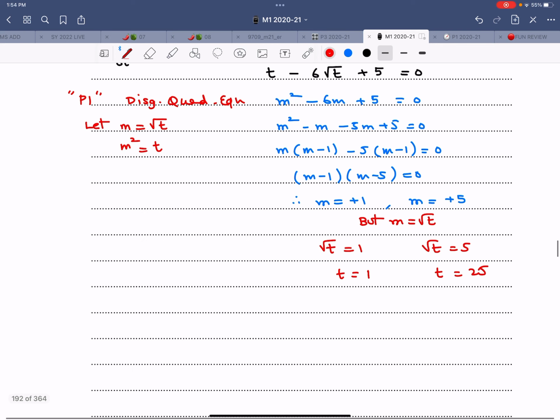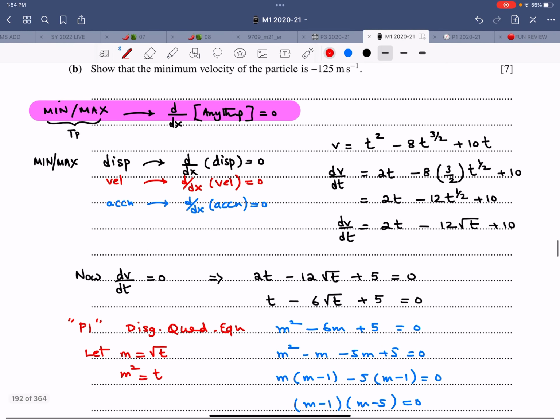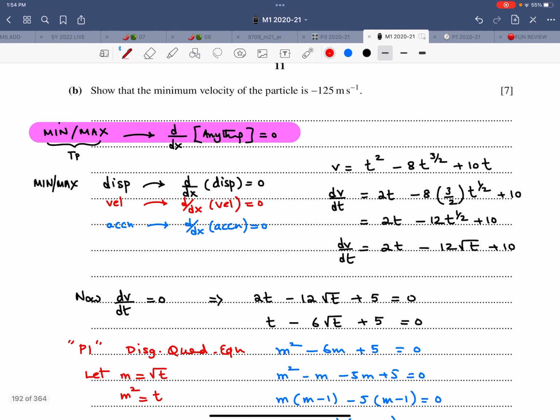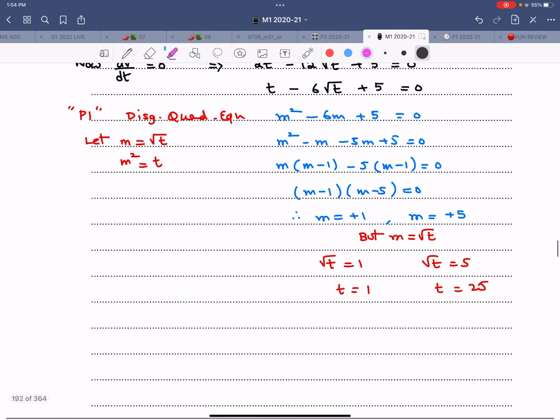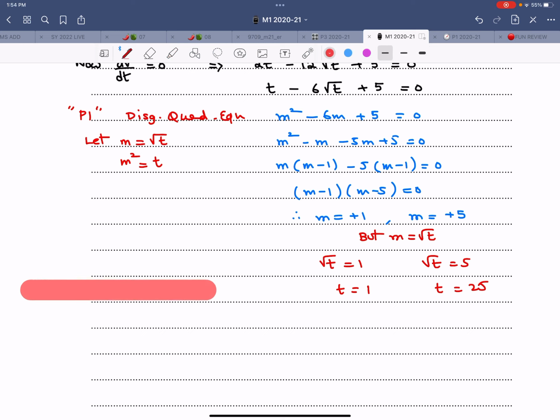Now here is the mystery part: which value do I choose, which value should I reject, and what is the rationale behind it? So now again P1 knowledge comes into action, that is the concept of the nature of turning point, the second derivative test.